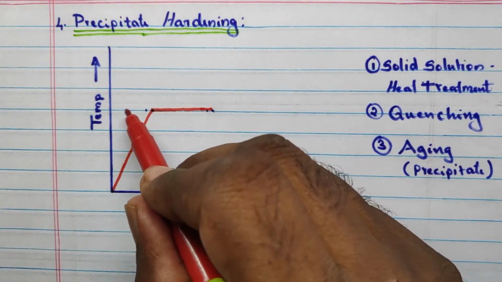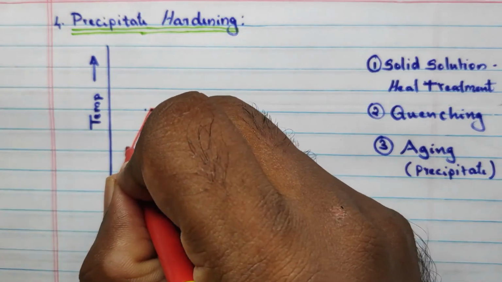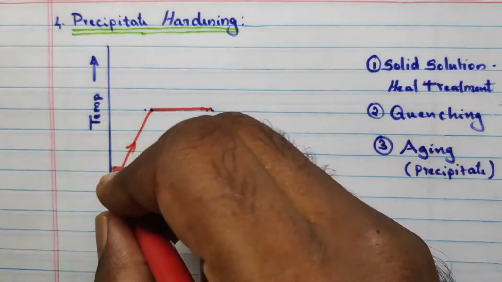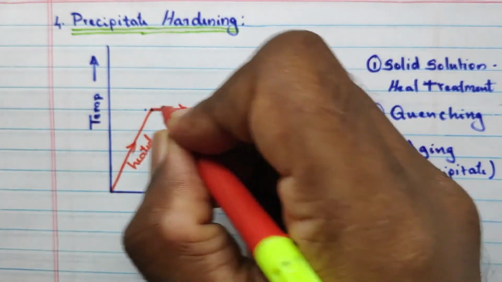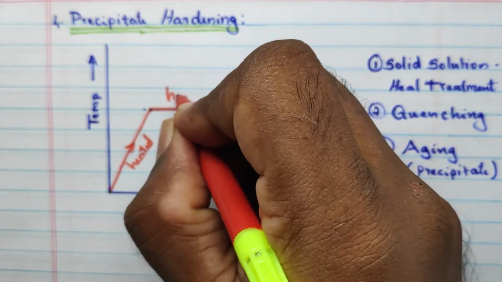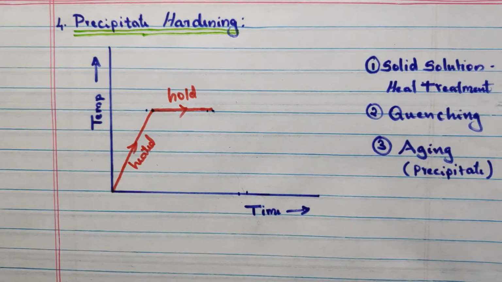This holding temperature will be based on the material. So first, in the solid solution heat treatment, they heat the material, and afterwards they hold it at the particular temperature. And next they do the quenching process.